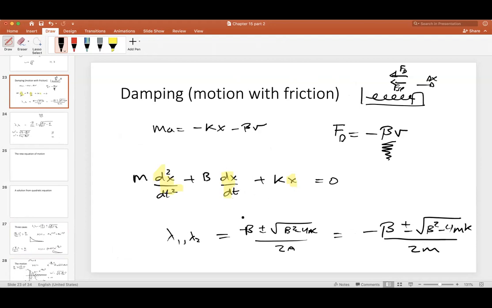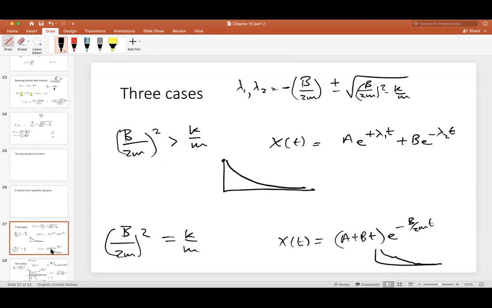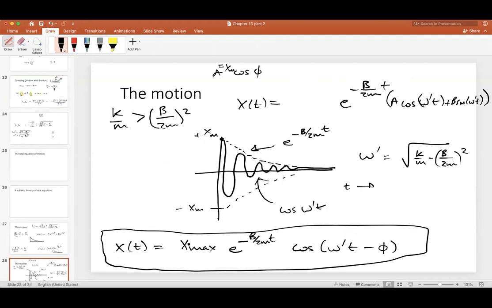And you solve these by finding the quadratic solution, and you just know that the solution is this. Now, I should be a little bit more clear here too, by the way. This is beta over 2m times t.